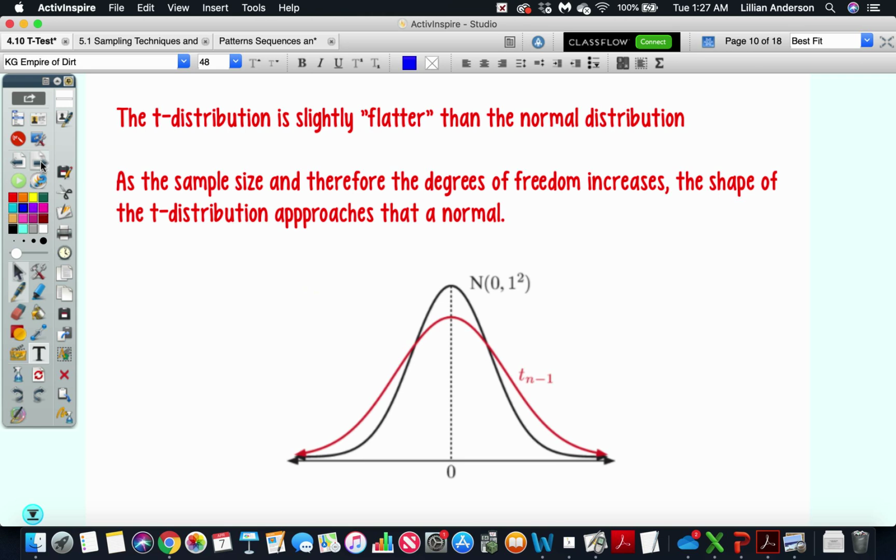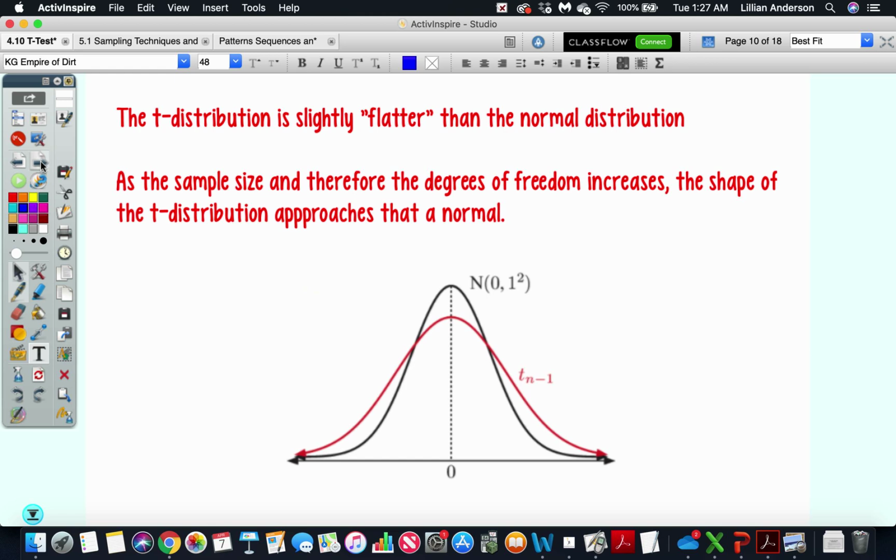One thing I do want to point out, because we have talked about normal distribution before, is that the t-test does show a distribution of t-values, normally with a mean of 0. However, it is slightly different. As you can see, it is slightly flatter than a normal distribution curve. The black represents the normal distribution curve with a mean of 0 and a standard deviation of 1. But the t distribution, like I said, is a little bit flatter.